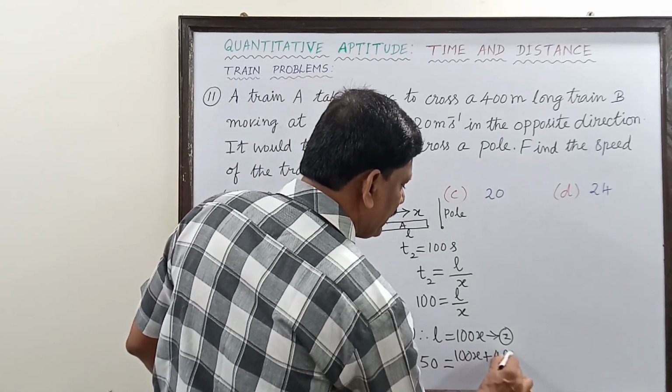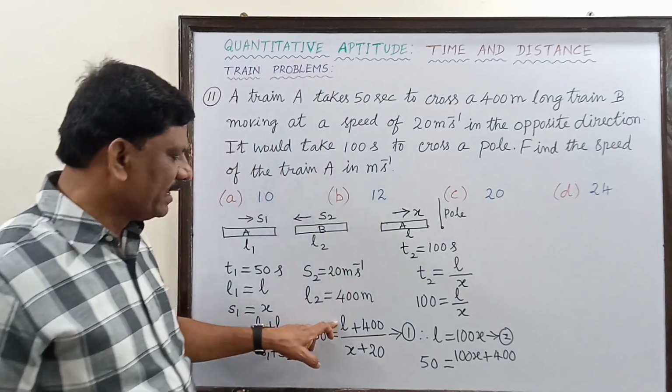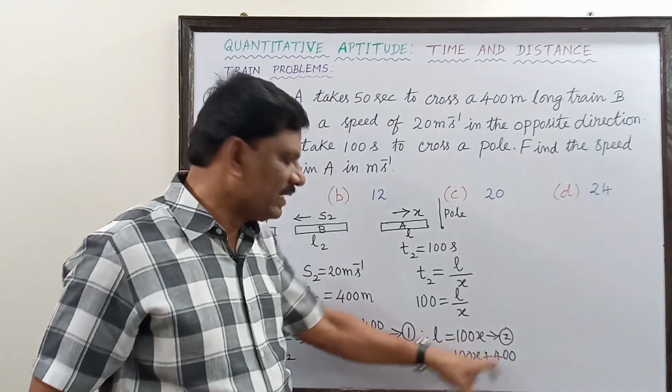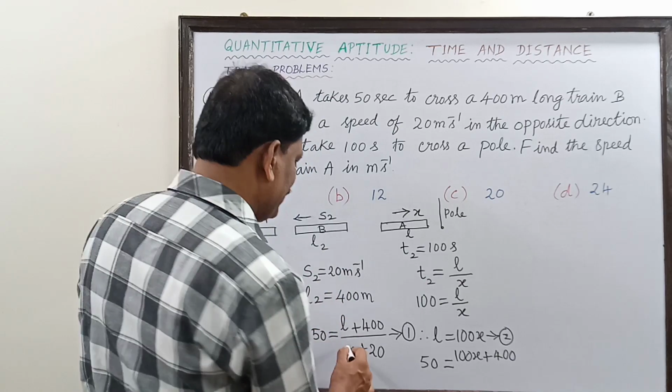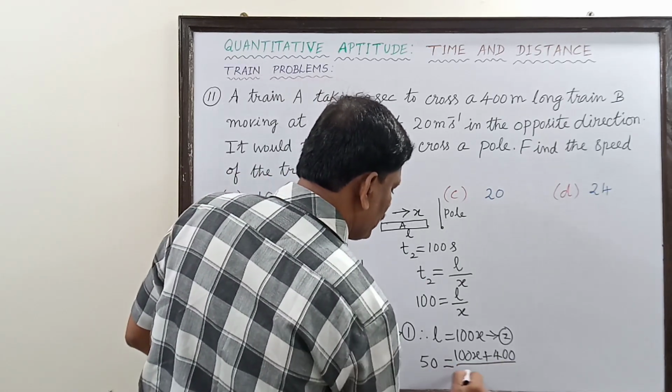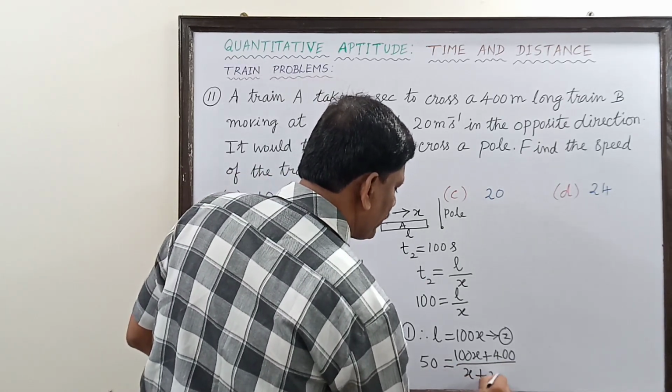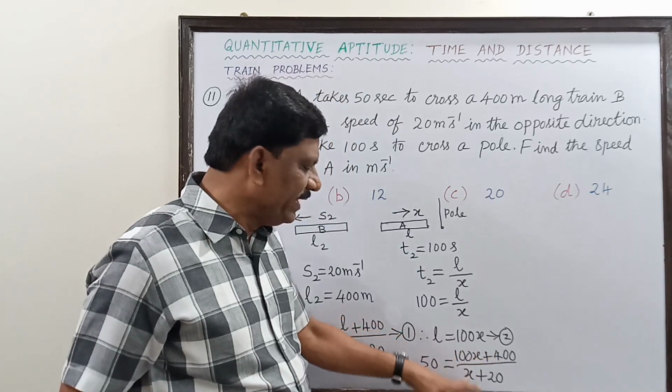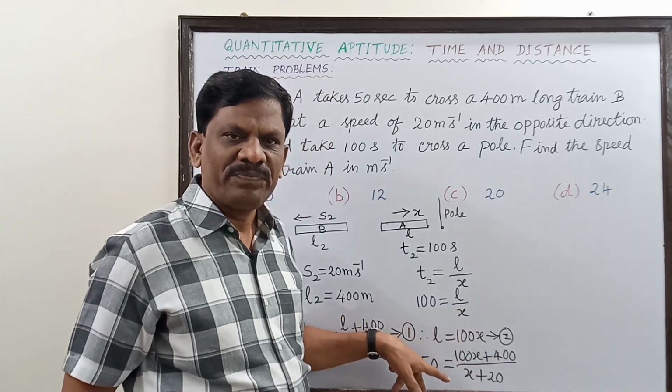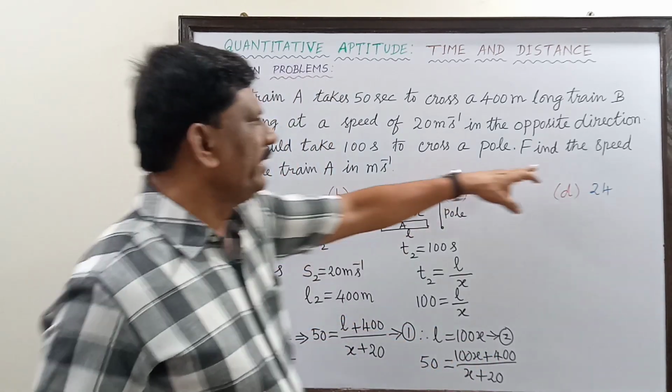Okay, numerator has become 100x plus 400, and denominator is x plus 20. So only one variable x we have got. So that only is to be determined.